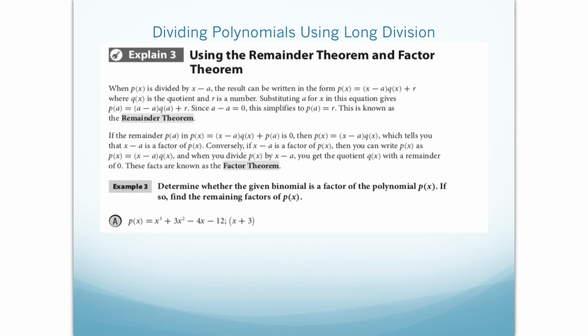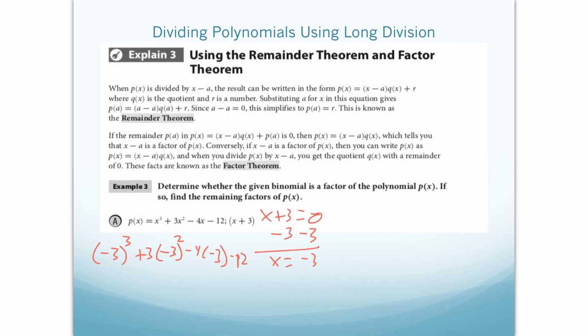So we take the x plus 3, still want to set it equal to 0. Subtract 3 from both sides. x equals negative 3. And now we can substitute that in for x. So we have negative 3 cubed plus 3 times negative 3 squared minus 4 times negative 3 minus 12.